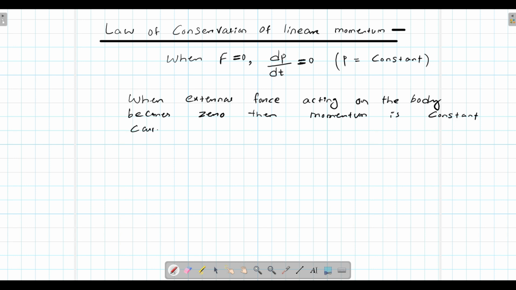That is called conservation of momentum. When external force acting on the body is zero, then momentum is constant. That is the conservation of momentum.